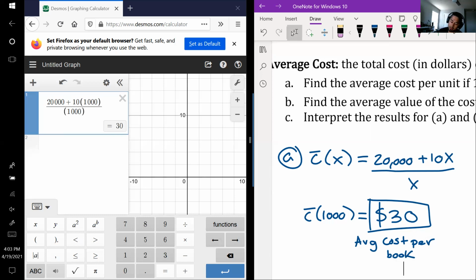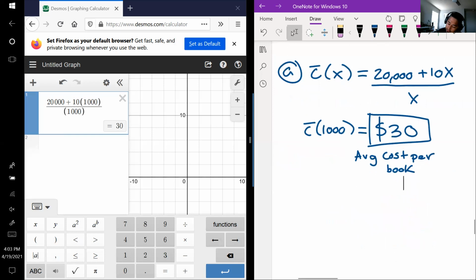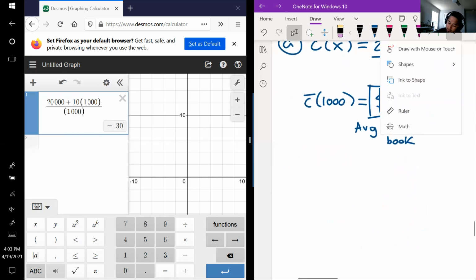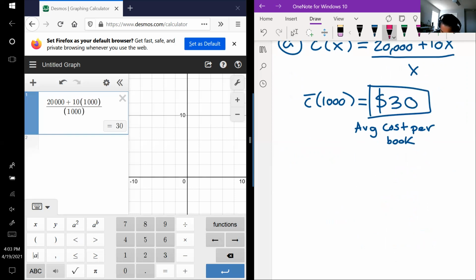Okay. Now B says find the average value of the cost function over the interval 0 to 1,000. So for this one, we're going to set up an integral. So for B, we're finding the average value.